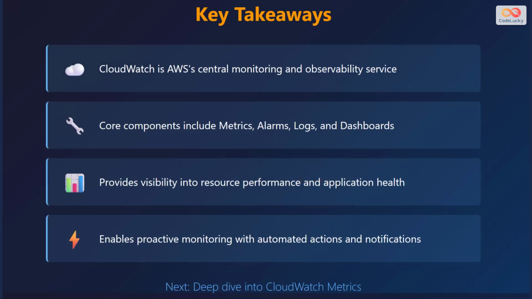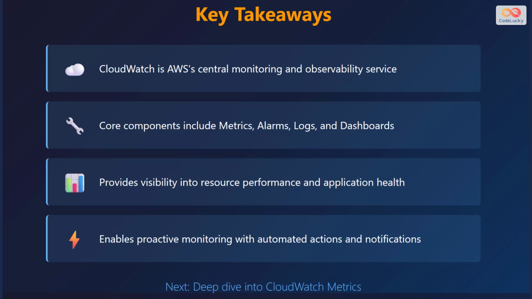Let's recap the key points from this introduction to CloudWatch Fundamentals. CloudWatch is AWS's central monitoring and observability service, providing the foundation for understanding what's happening in your cloud environment. Its core components include metrics for performance tracking, alarms for automated notifications, logs for detailed operational insights, and dashboards for visual monitoring.